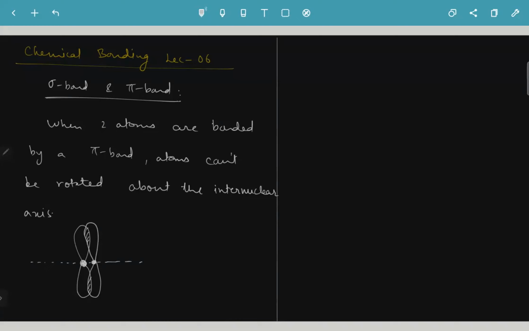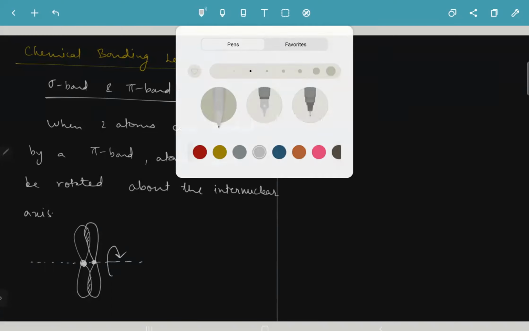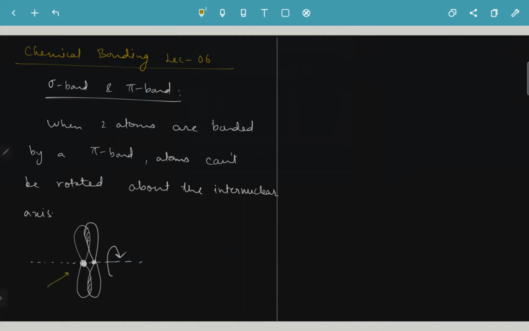If you fix one atom and rotate the other atom, ऐसे कर लो, बोल सकते हैं, fix the left and right atom, rotate this.